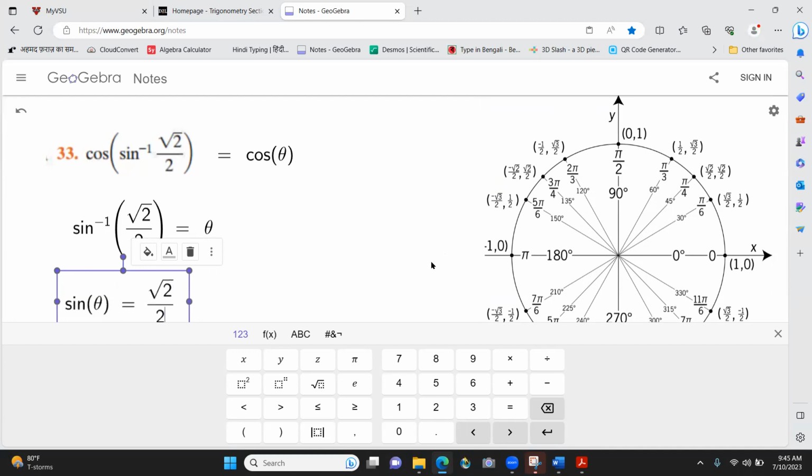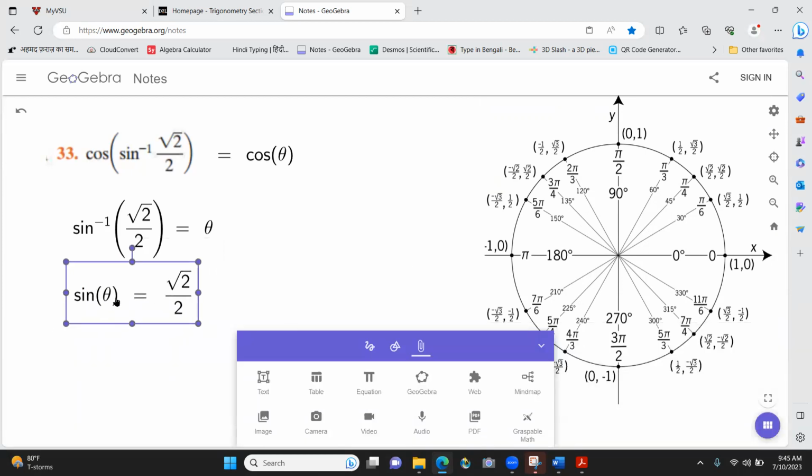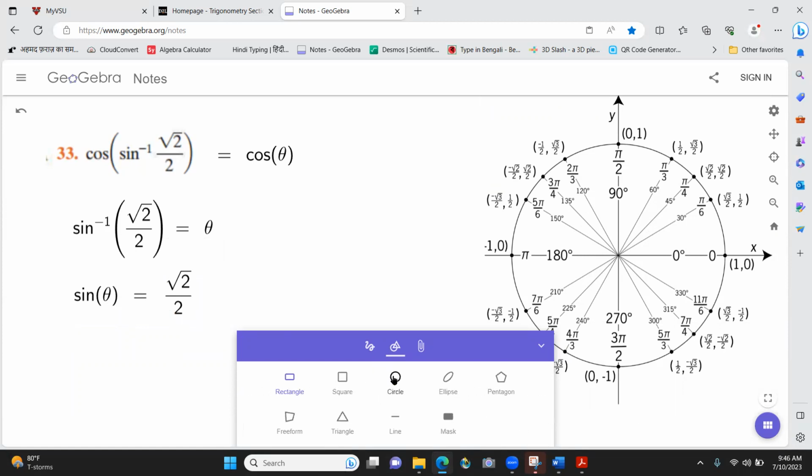Go back to a unit circle. Okay, for what angle theta is the sine value going to be square root of 2 over 2? It's clearly this guy. Now, I know problems are getting a little difficult, so this time I'm going to use a little more pictures. So clearly theta is 45.